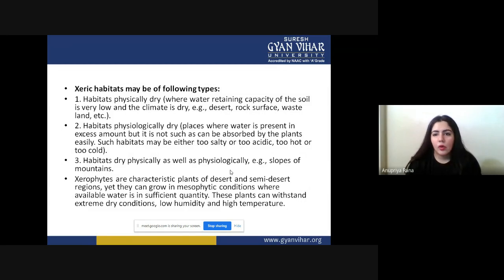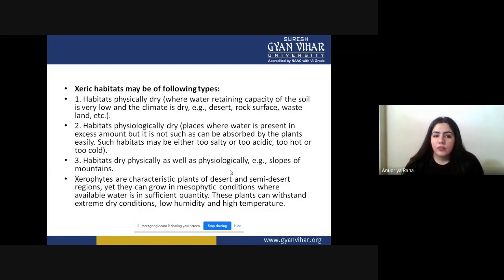Desert soil is almost sandy, so its water retaining capacity is very low. Hence the climate becomes dry, because in summer the temperature goes around 40 to 50 degrees Celsius. Examples of physically dry habitats are deserts, rock surfaces, and sometimes wastelands.